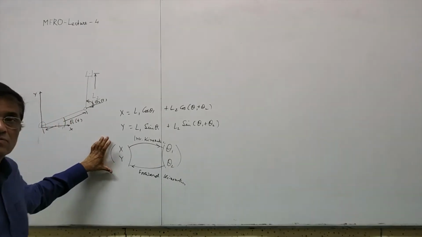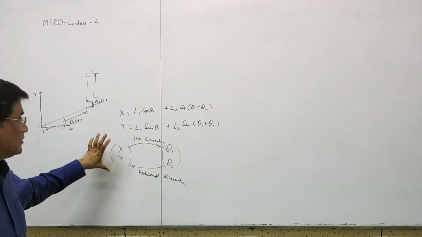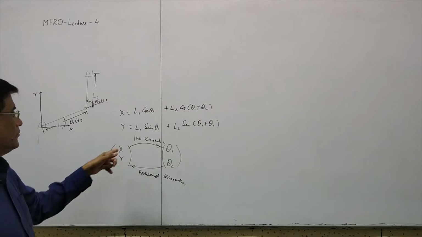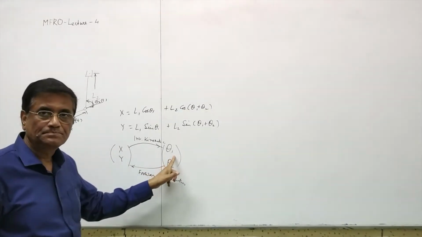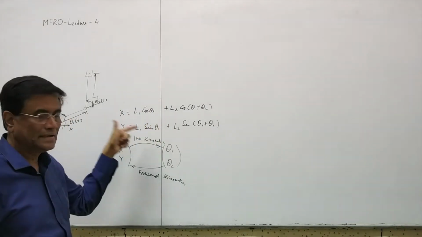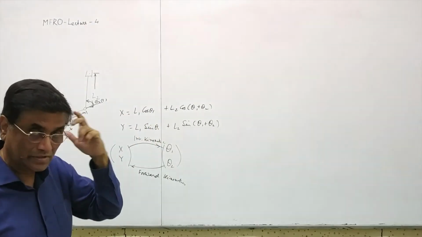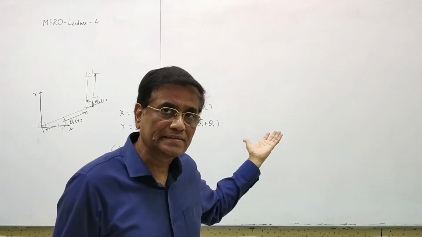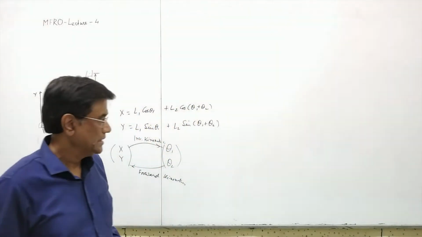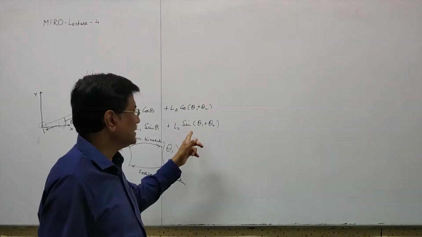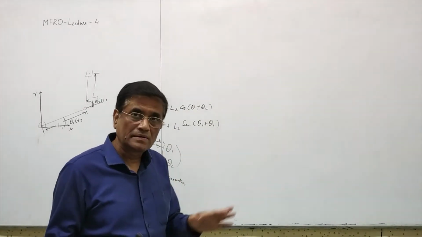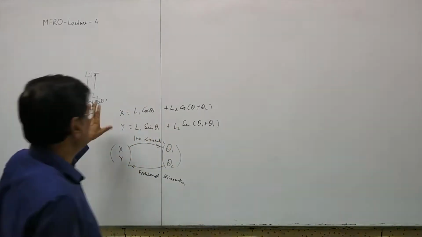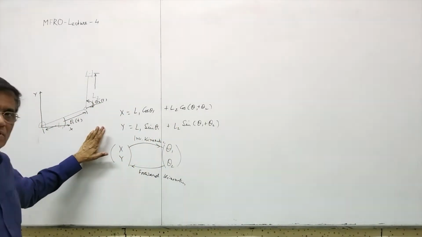Here we are trying to plan the robot so that whenever this parameter is given, this parameter can be evaluated by formulating an inverse kinematics solution. We will solve inverse kinematics, which is not very straightforward, and in that context we will talk about atan2 function. But having said that, once you know the inverse kinematics, is the problem over?